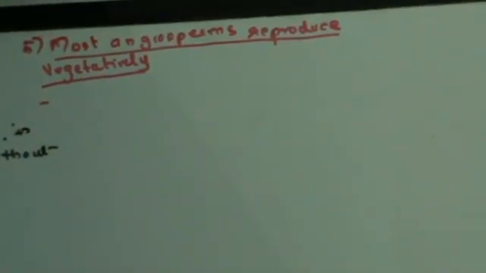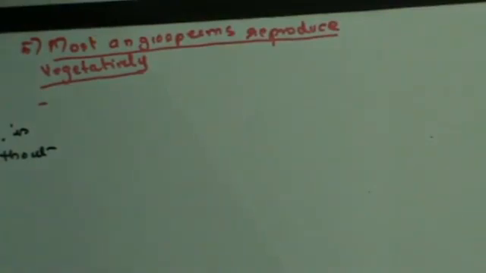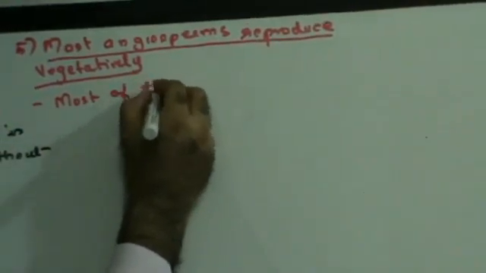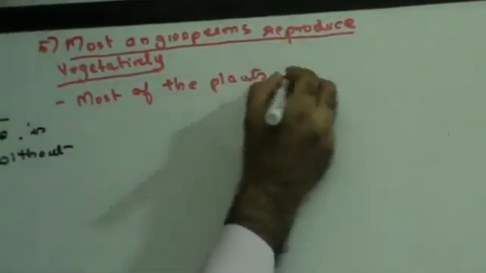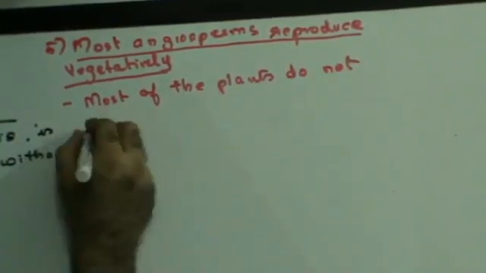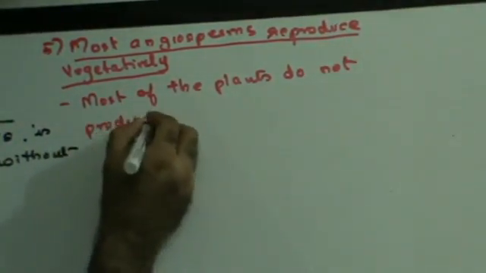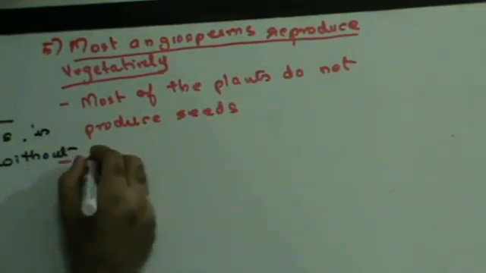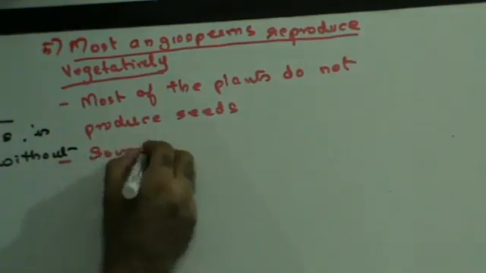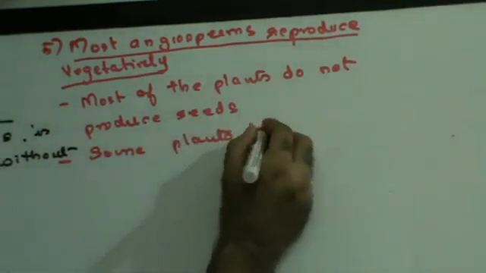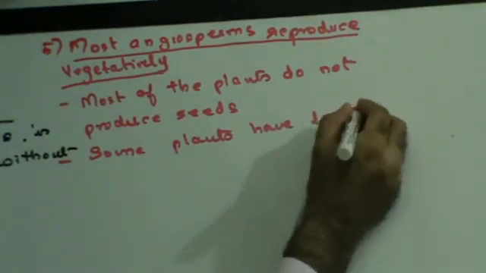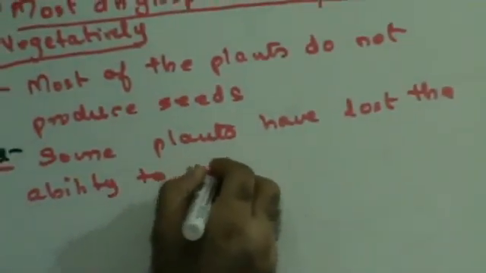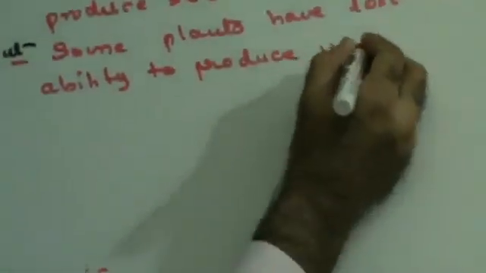Basic reasons: one, most of the plants do not produce seeds. Next, some plants have lost the ability to produce viable seeds.